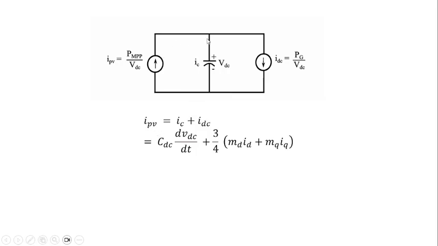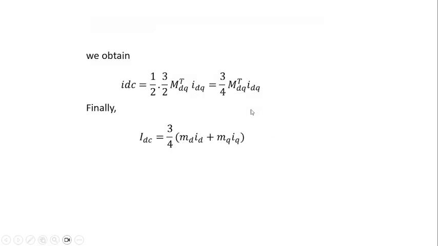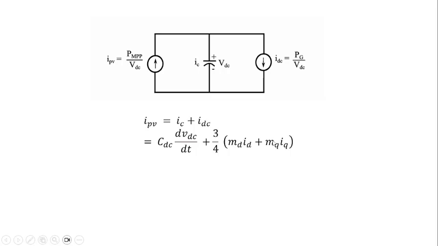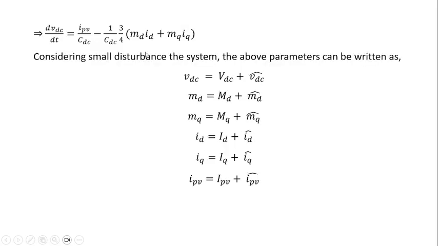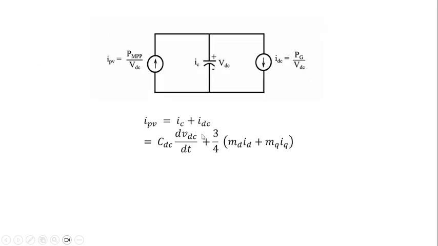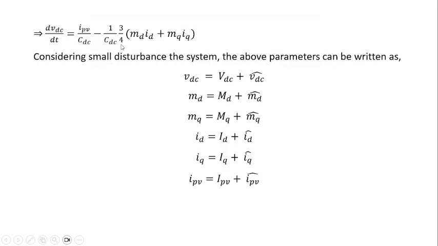So this current IPV is equal to the capacitor current plus this IDC current. So IC is, you know, C dVDC by dt, and IDC we have already derived here, that we are substituting here. Then if you write for the change in DC link voltage with respect to time, then we will get this one.